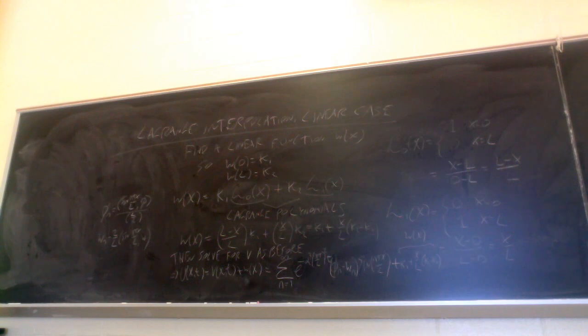Minus 1 over L, and then 1 over L. And then here, k2 of t times 1 over L. And so now we can plug in x equals L into our function and its derivative. So we need dw dx of L and t plus h w of L and t.